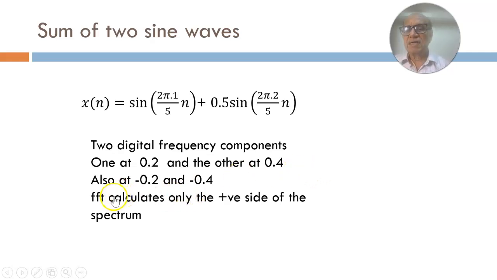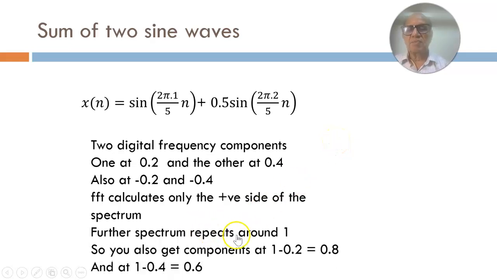Right now understand that when you plot FFT, you will see only the positive side of the spectrum. Also, since the spectrum repeats around 1, which is the digital frequency, you will also get components at 1 minus 0.2, which is 0.8, and also at 1 minus 0.4, which is equal to 0.6. So we are going to verify this.